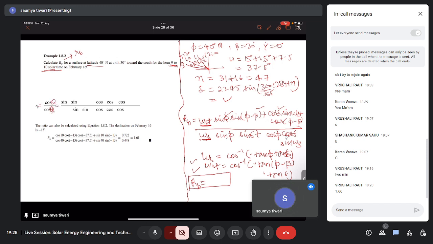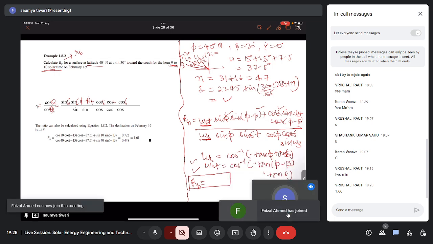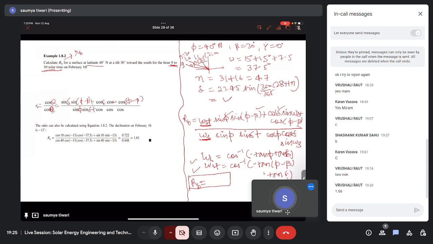Cos theta z for the tilted surface will be sine delta sine (phi minus beta) plus cos delta cos (phi minus beta) cos omega. And for the horizontal surface it will simply be sine phi sine delta plus cos phi cos delta cos omega. Here your omega will be the 37.5 degrees that we have calculated.